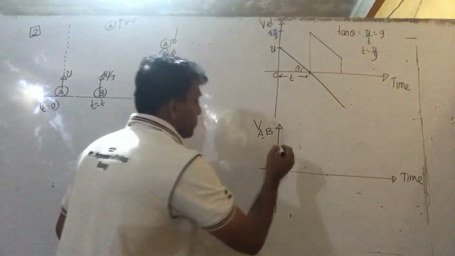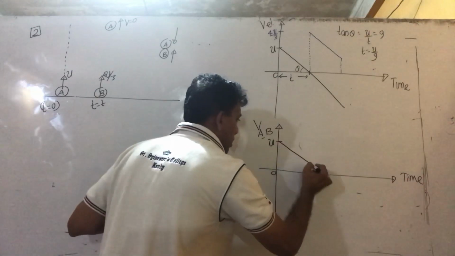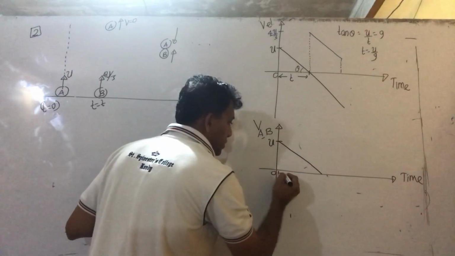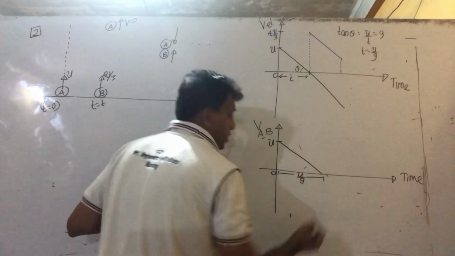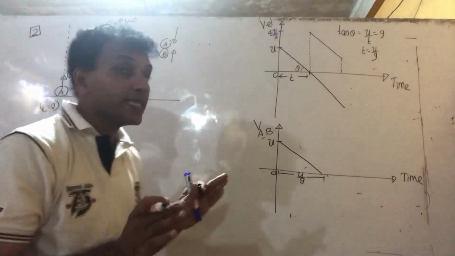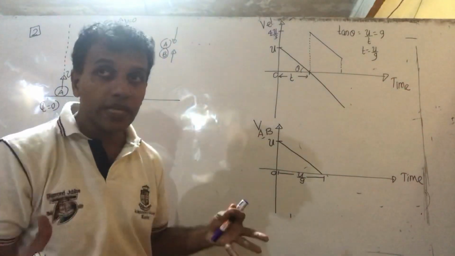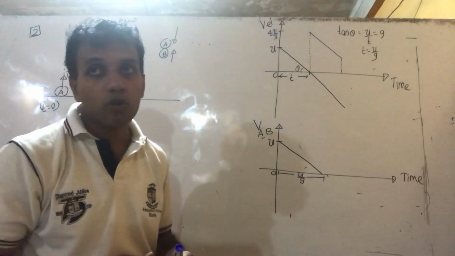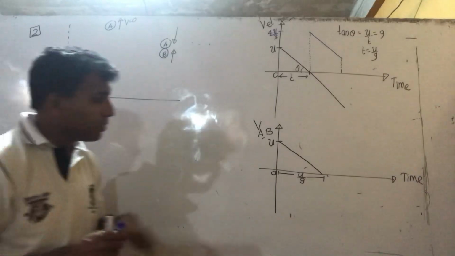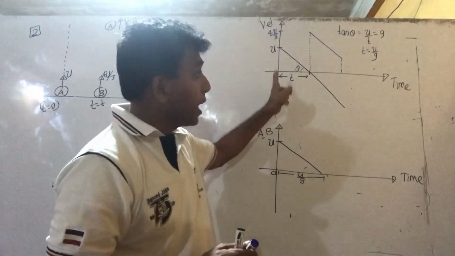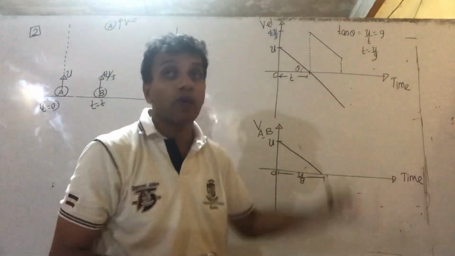Here, for the first time duration u over g, this is the graph, because there is no B. Only after that do we have to think about B. So in relative motion cases, from time 0 up to time u over g is this graph part, right? We'll see what happens after that.